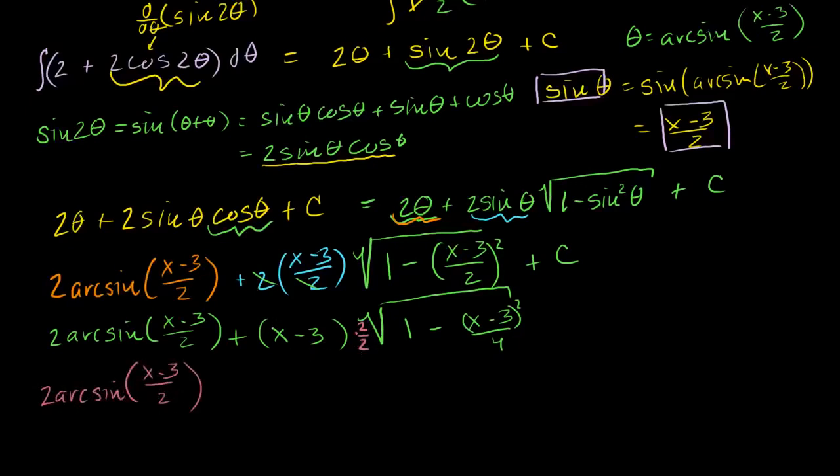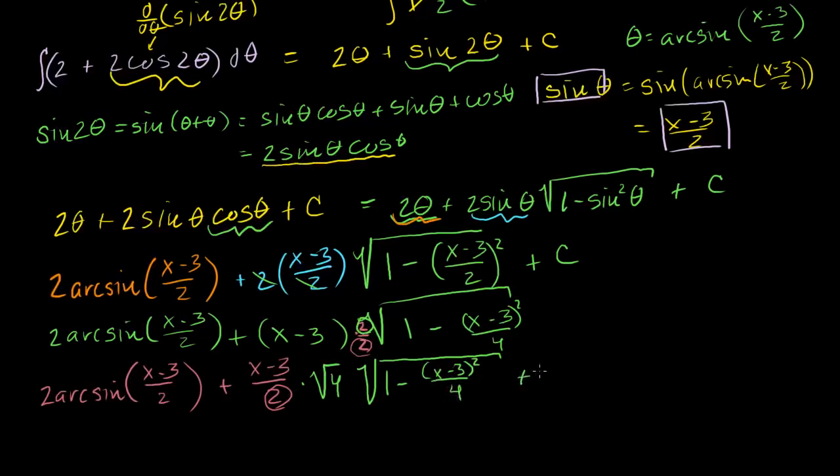And then I could take this denominator 2 right here. So I say plus x minus 3 over 2. That 2 is that 2 right there. And then I could write this 2 right here as the square root of 4 times the square root of all of this, 1 minus x minus 3 squared over 4. And I think you see where I'm going.